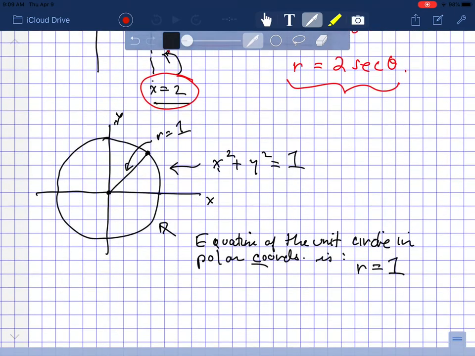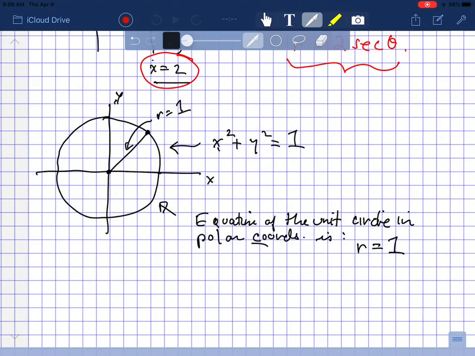So you see, here we have the reverse setup. The equation for the circle in polar coordinates is very simple, r equal 1. However, the equation of the circle in rectangular coordinates is more complex. It's x squared plus y squared is equal to 1.